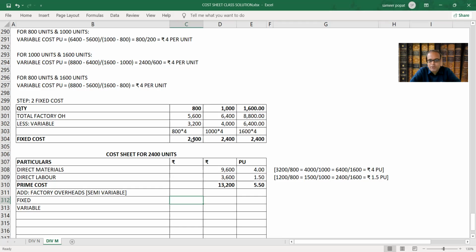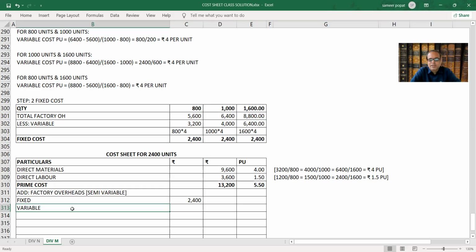So should I put this 2,400 here or should I need to find per rate cost here? In case of fixed cost, we will put the total amount directly. Yes, sir. We can put total amount 2,400 because in fixed cost, your total amount would be same. So this 2,400 will continue even for 2,400 units.